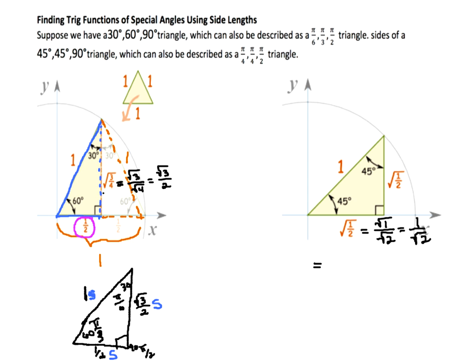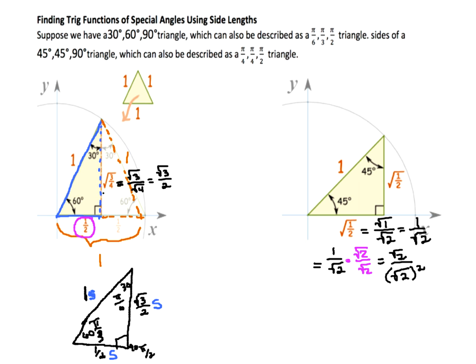We know we can't leave a root in the denominator, so we need to rationalize the denominator. I do so by multiplying by that clever form of 1, square root of 2 over square root of 2. The square root of 2 over square root of 2 times 1 over square root of 2. 1 times the square root of 2 is just the square root of 2 in the numerator. The square root of 2 times the square root of 2 is the square root of 2 squared.